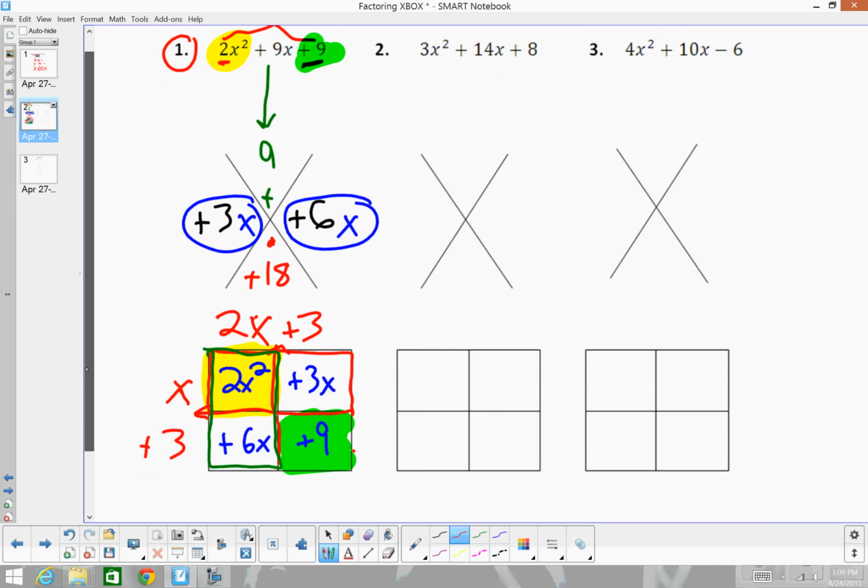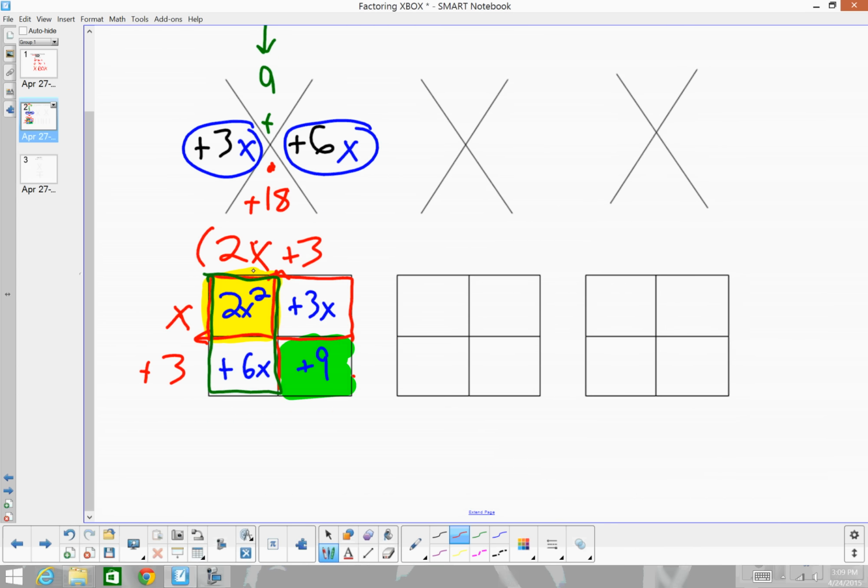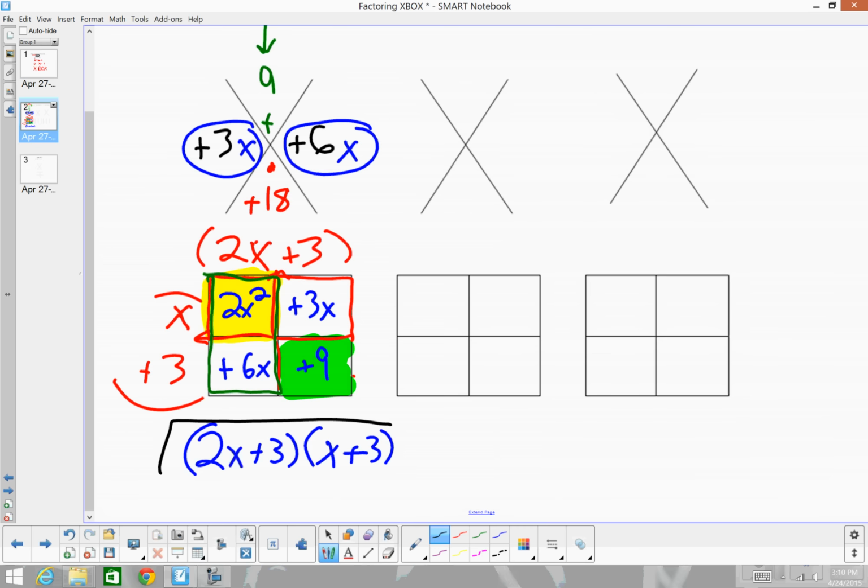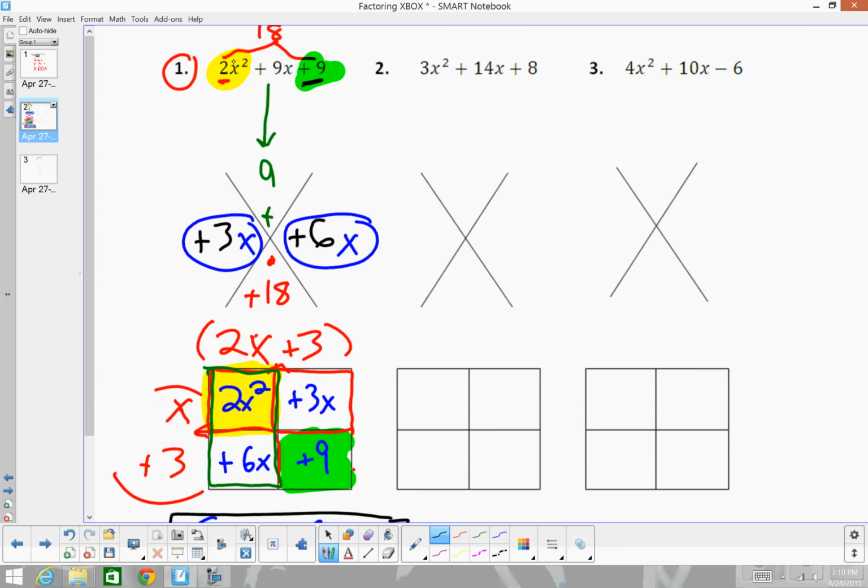Now, you see I formed two expressions. My first expression is 2x plus 3, and then I'm multiplying that by x plus 3. That's my answer. Simple as that. Now if you multiply this back out, you're going to get 2x squared plus 9x plus 9.